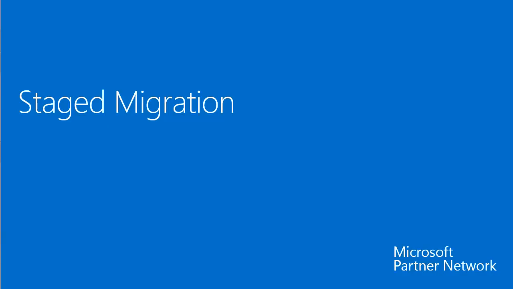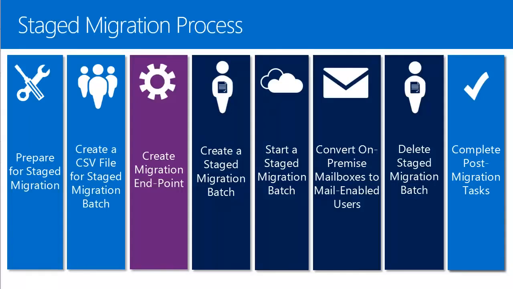And last but not least, let's talk about the stage migration, which is actually a mix of the IMAP and the cutover migration. In the overall migration process for a stage migration, you can see that again we are starting with the preparation. In the purple colored box, you can see that we are creating a migration endpoint.